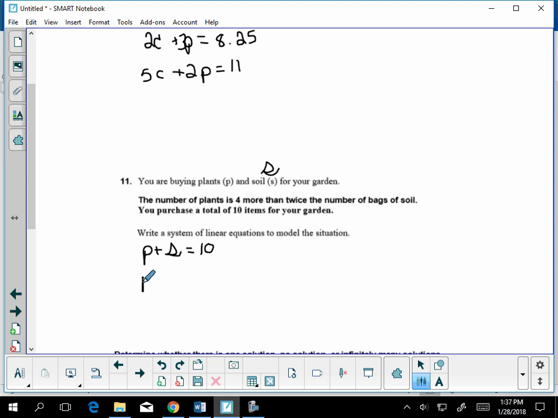So that means I'm going to be adding 4, and twice, I'm going to be multiplying by 2. So P equals 2 bags of soil plus 4. Again, it doesn't say to solve it, but if I were going to be solving this, I'd probably be thinking about substitution because that P is already solved for.